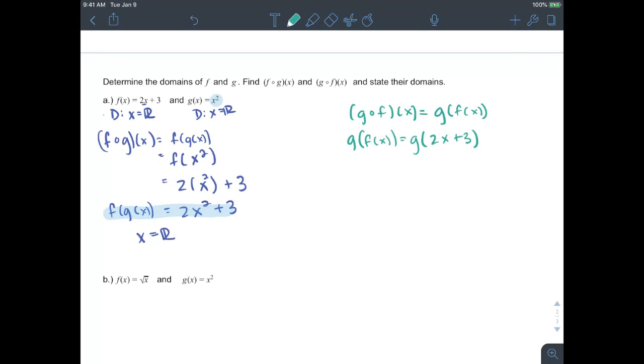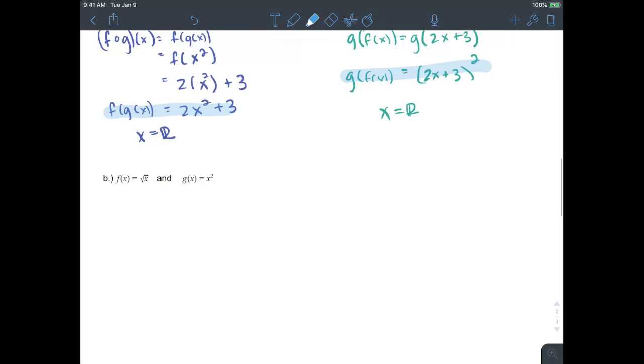And then we're using that to substitute it into x squared. So something squared, and our new input is 2x plus 3. And that is it. So again, no domain restrictions. So the domain is all real numbers. The next one.